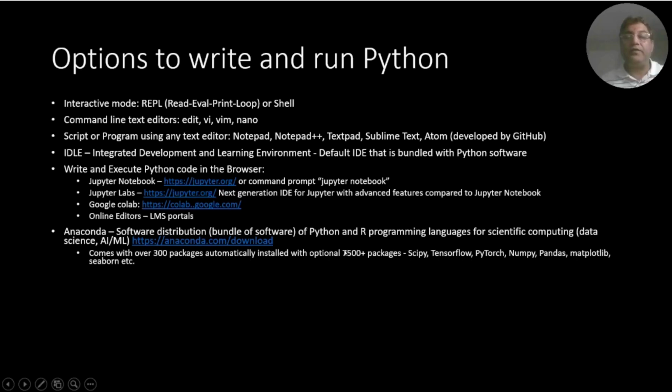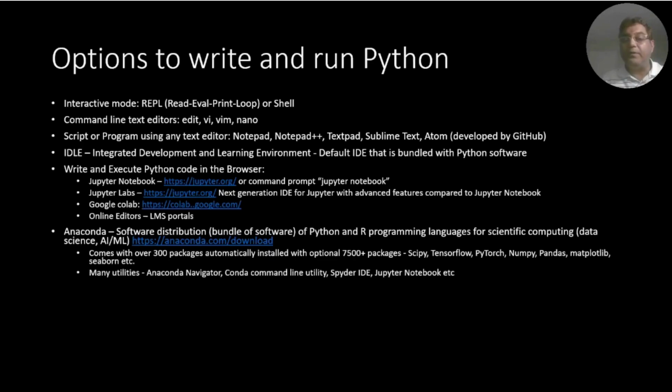And 7,500 optional packages for SciPy, TensorFlow, PyTorch, NumPy, Pandas, right? Whether it is data science work or data visualization work, data analytics work, whatever you want to perform, these are the popular libraries that are available. So you get all these things, and also you will get Anaconda Navigator, Conda command line.